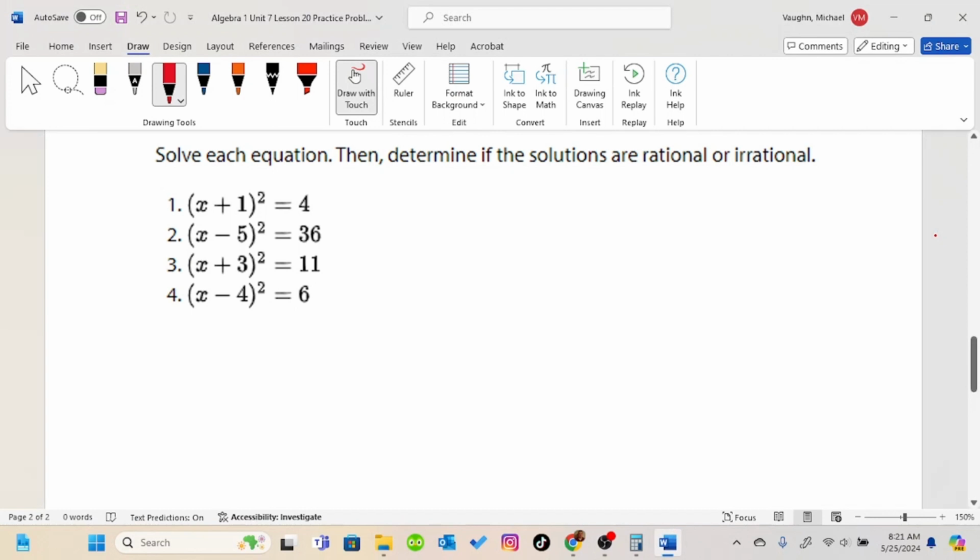Solve each equation. Then determine if the solutions are rational or irrational. So on number 1, we're going to take the square root of both sides, and we have x plus 1 equals plus or minus 2.